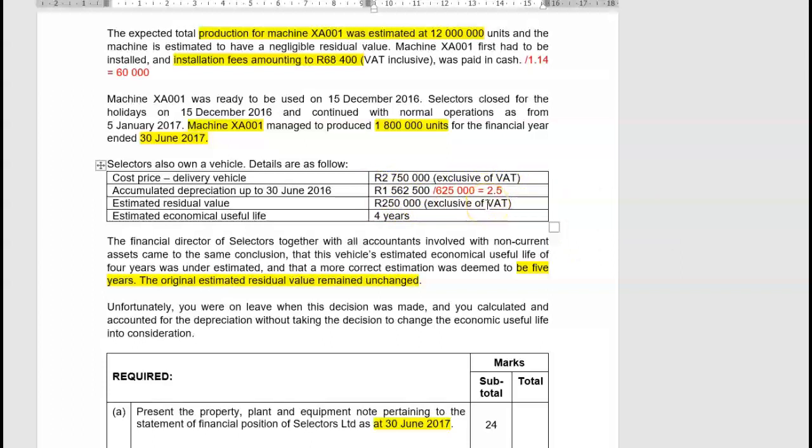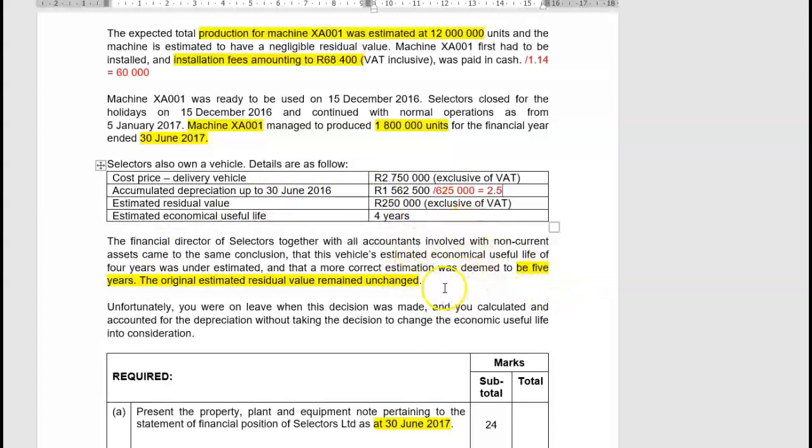So that means we've already provided depreciation for a period of 2.5 years, as at the beginning of the current financial year. Now they say, as at the beginning of the current financial year, we have re-estimated the total lifetime of the asset to be 5 years and not 4 years. So from the beginning of the current financial year, what is now the remaining lifetime of the asset?